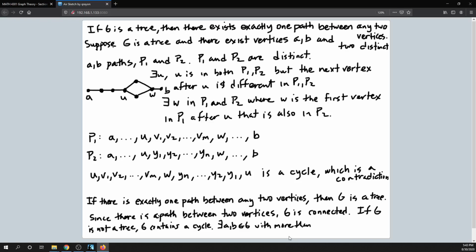So more than one AB path, and that is a contradiction. Okay. So that contradicts the fact that there's exactly one path between any two vertices. Okay. All right. And that is the proof of the other direction.